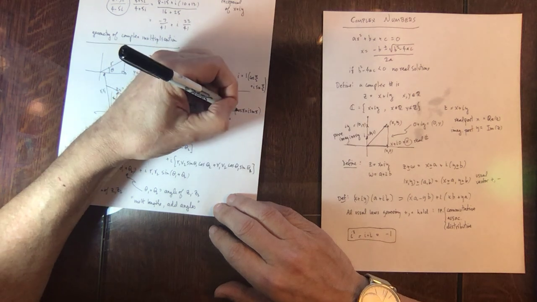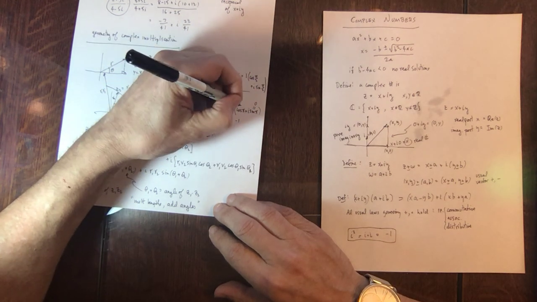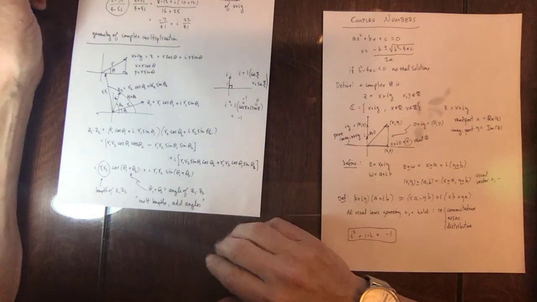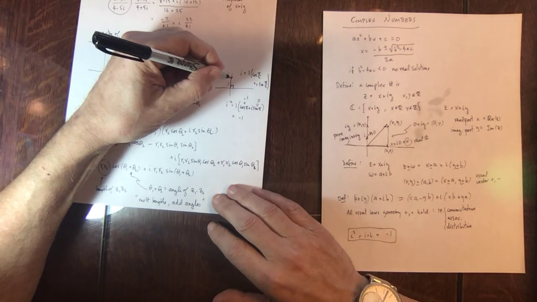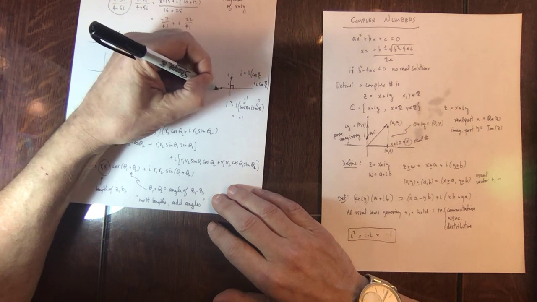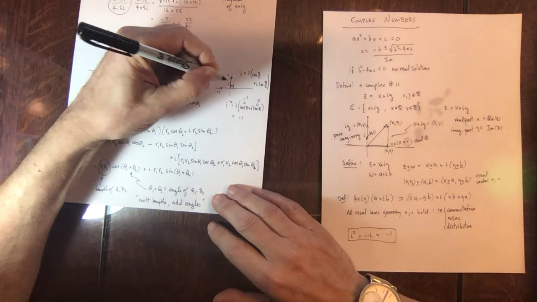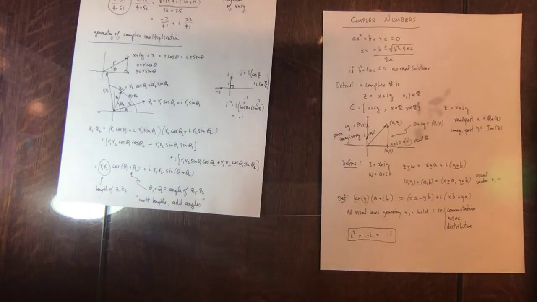Of course, the cosine of pi is minus 1, and the sine of pi is 0. So you just get negative 1. So when you square it, basically it comes right here to the point minus 1. So that's the geometry behind i squared equals negative 1.